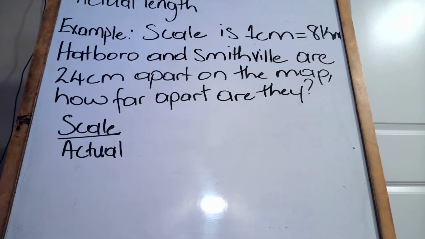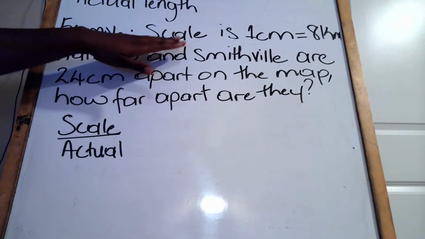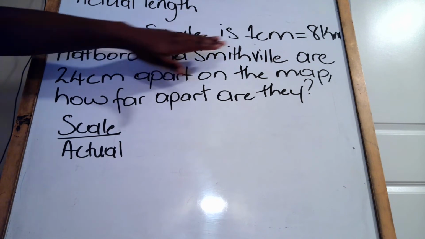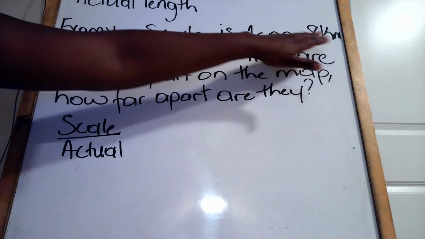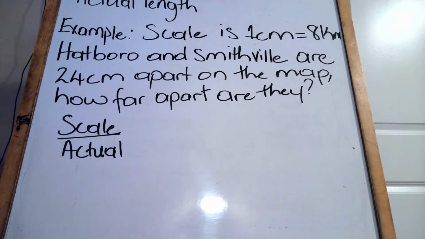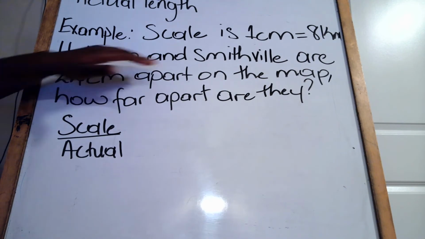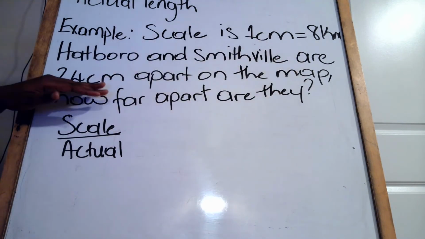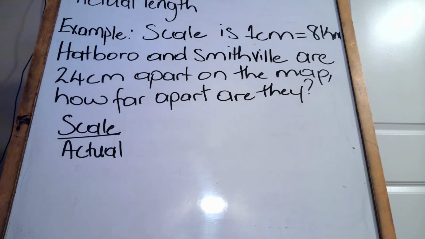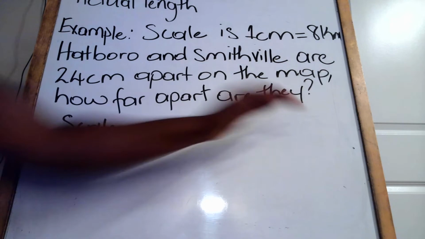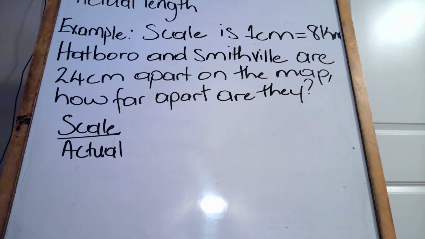Alright, another example. It says that the scale is 1 centimeter equals 8 kilometers. Hatboro and Smithville are 24 centimeters apart on the map. How far apart are they? Alright? So key things that we need to highlight.